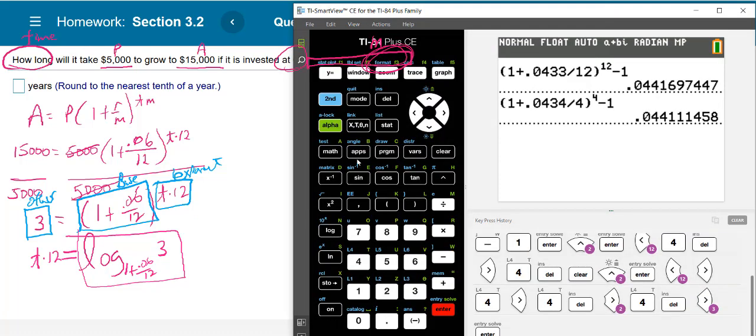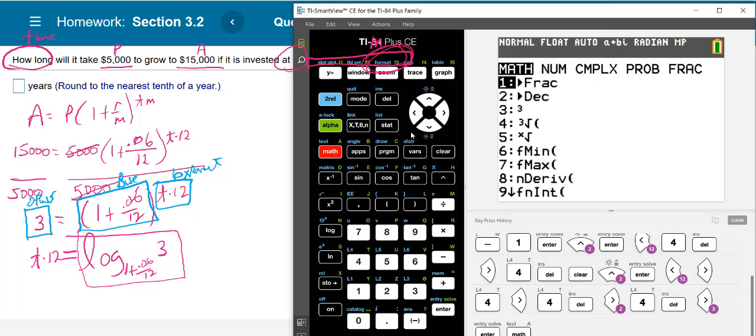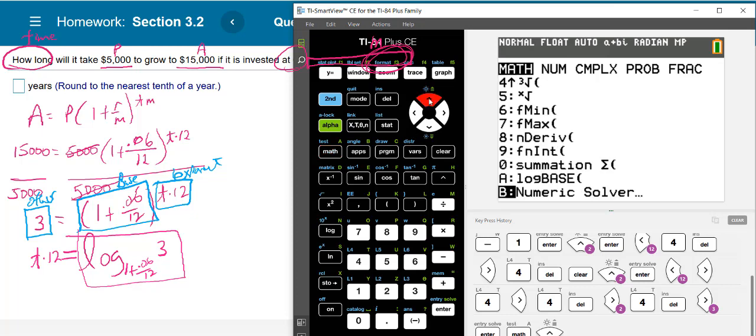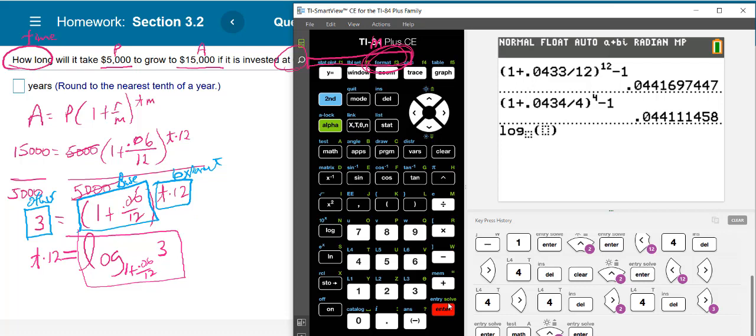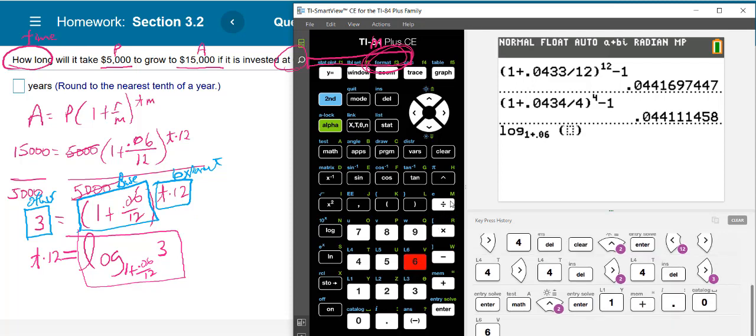I'm going to use the math key, scroll down to where log base is. That's the A choice. And fill it in. As you see, what I have written over on the left, the bottom is 1 plus 0.06 divided by 12. I have not rounded anything off. And the other number is a 3.